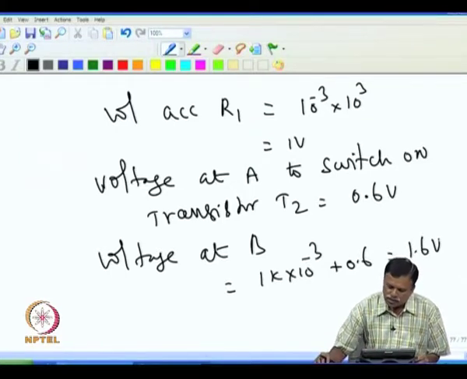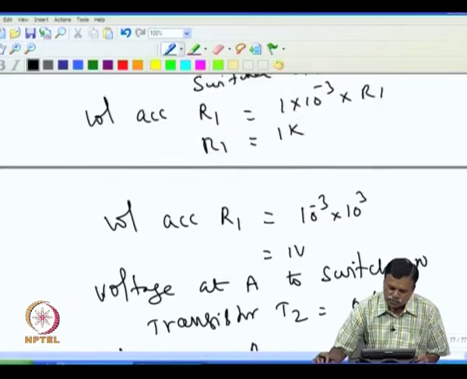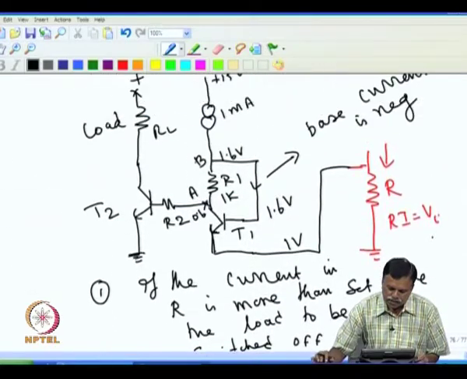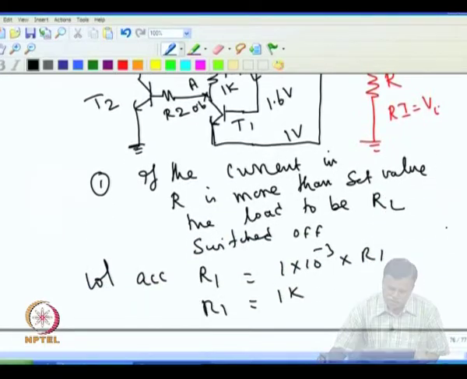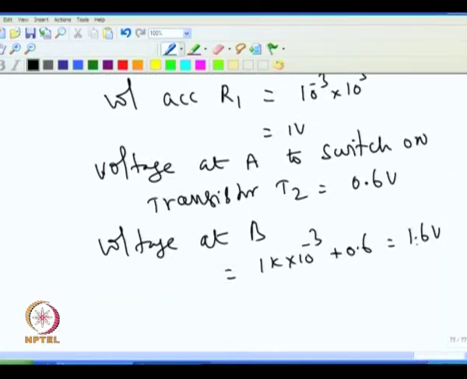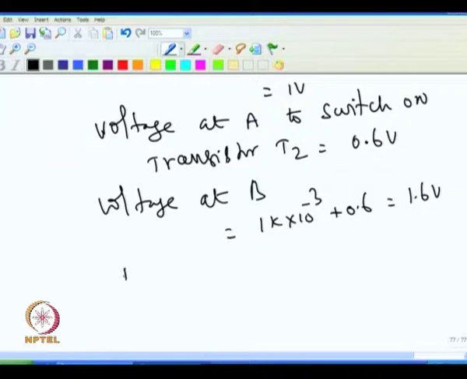So, you need B to be 1.6 volt. If B is 1.6, then the emitter of T1, sorry, will be 1 volt.